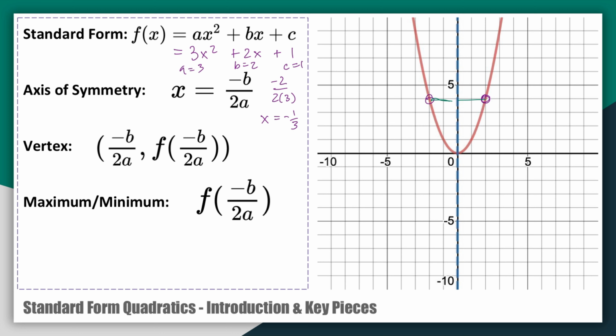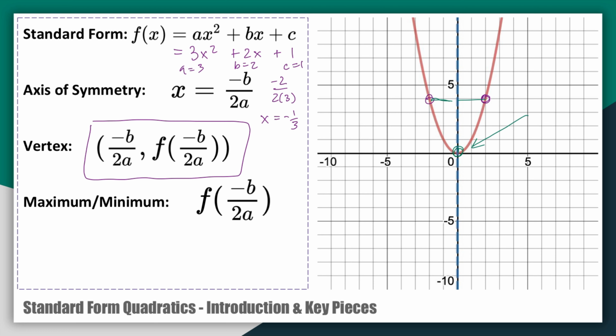Now, because this axis of symmetry cuts right through your vertex, we can use that axis of symmetry to find the vertex because they share the same x value. Now, that's why I wrote the vertex like I did here. Looks super complicated, right? In vertex form, it was h comma k.